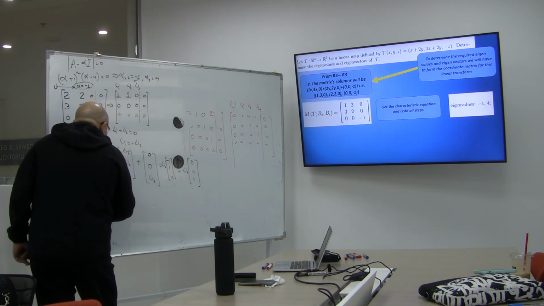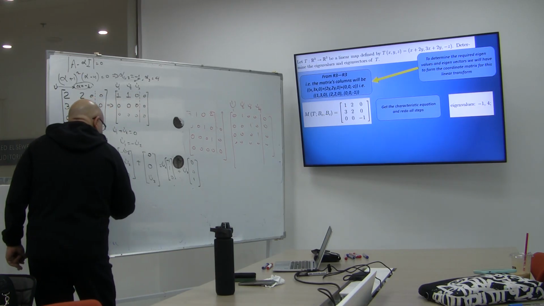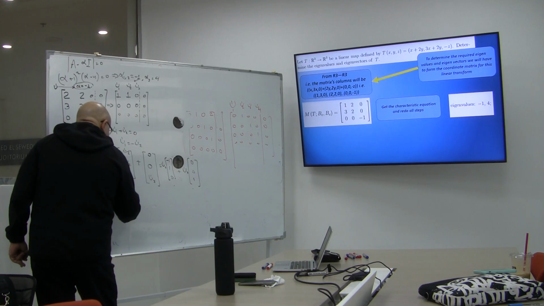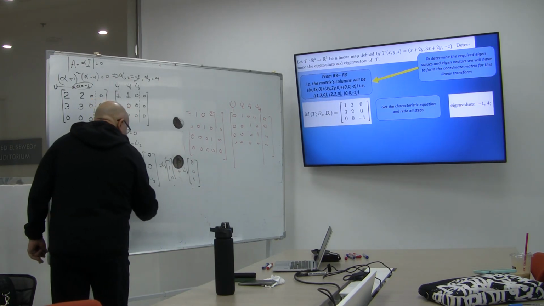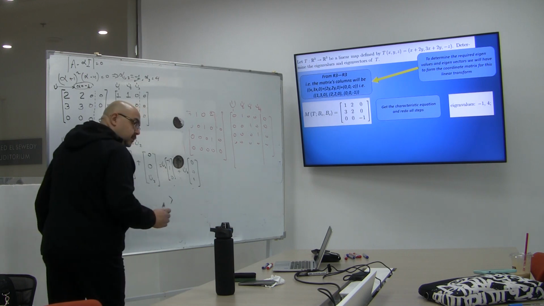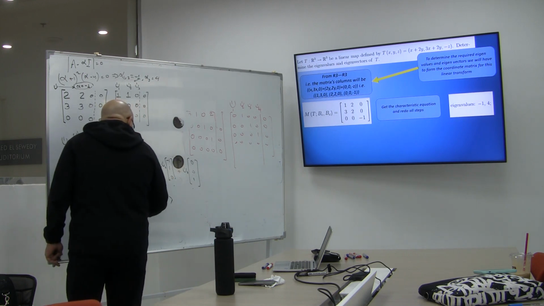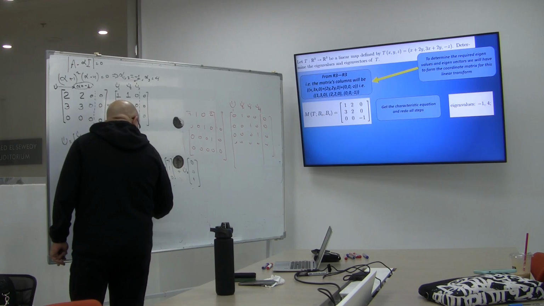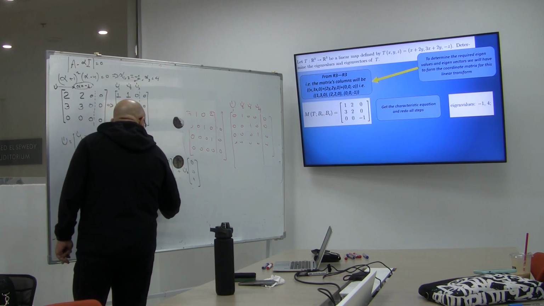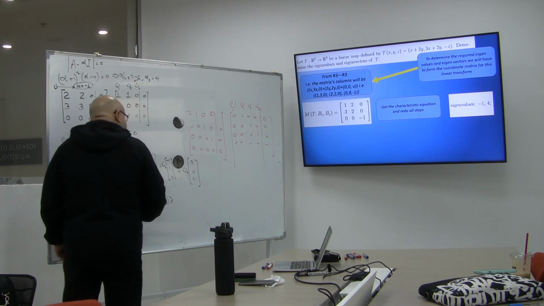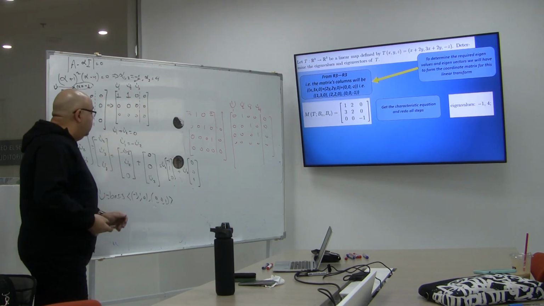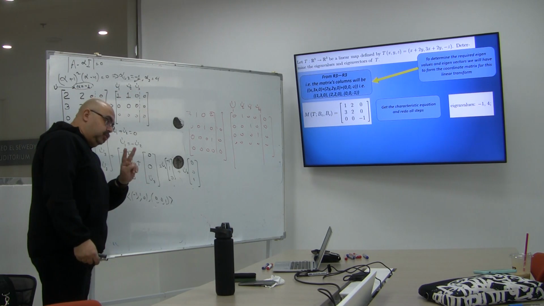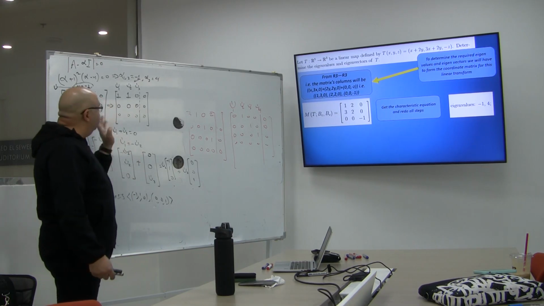So this is the span of U1. The basis of this eigenspace is not one vector. How many vectors? Two of them: negative 1, 1, 0, and 0, 0, 1. And in this case, the geometric multiplicity is 2, and the algebraic multiplicity is 2.